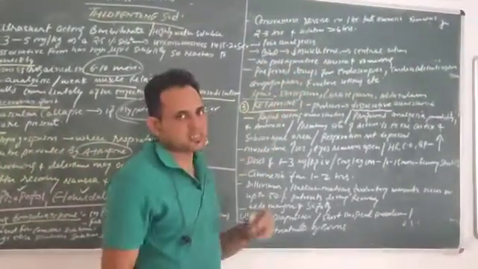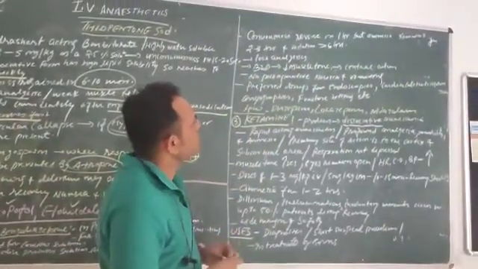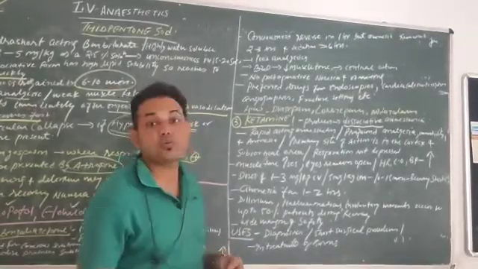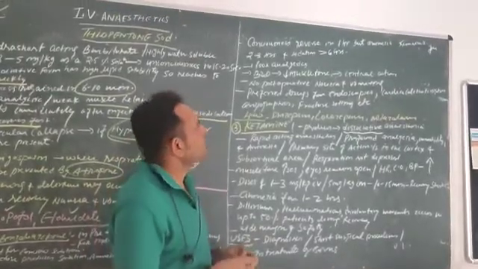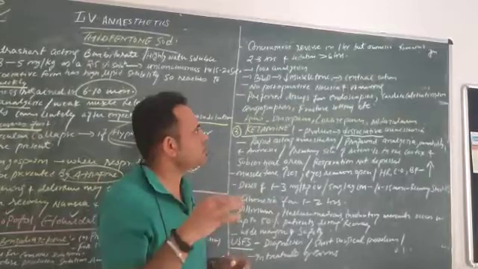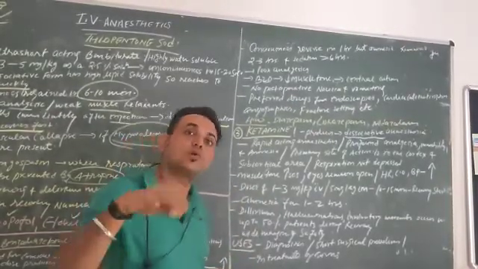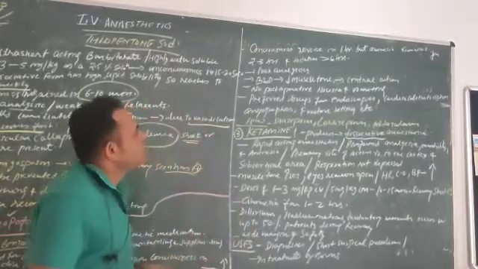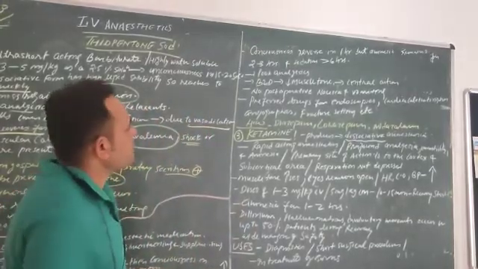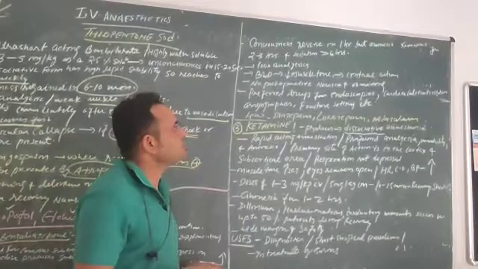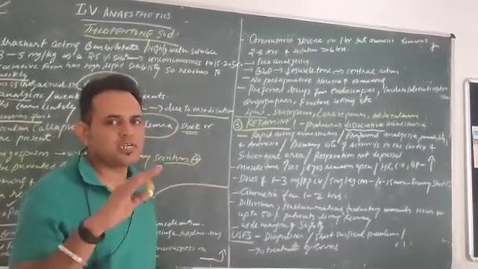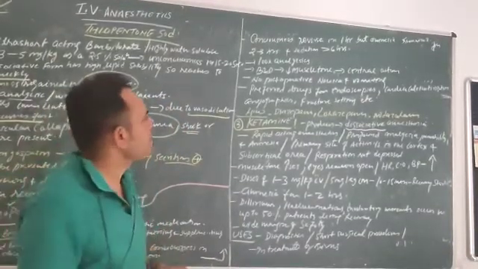Consciousness reverses in 1 hour, but amnesia remains for 2 to 3 hours. This is a very important point: consciousness can be reversed in 1 hour, but amnesia will be there for 2 to 3 hours, and sedation for more than 6 hours. Poor analgesic effects. Benzodiazepine reduces muscle tone, usually because of its central effect.